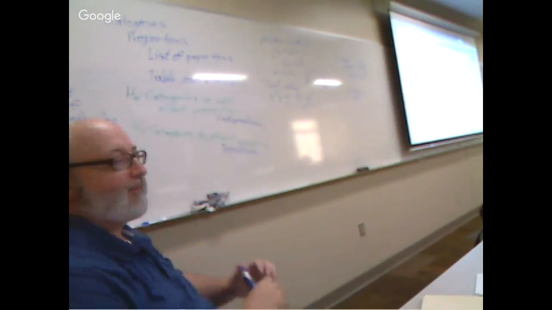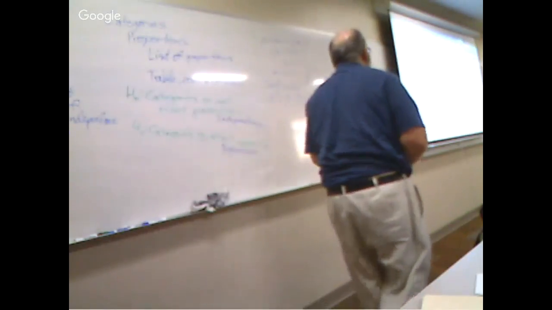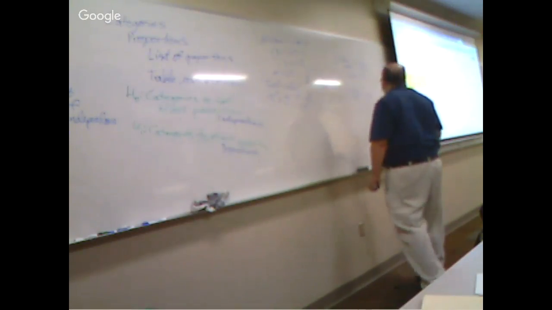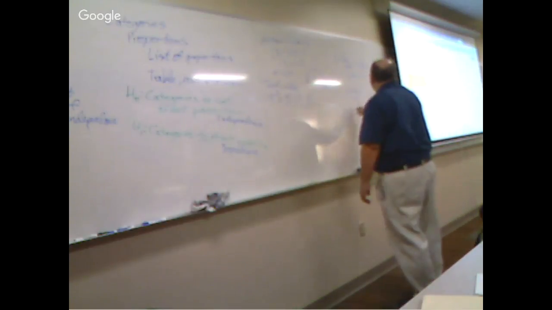Let's try the first row and the second column. What will that be? The first row is 300. The second column is 600.